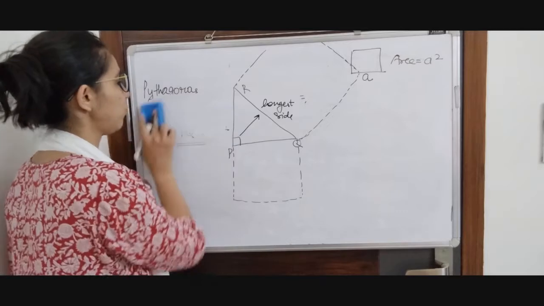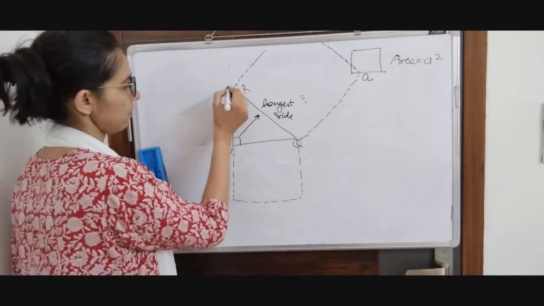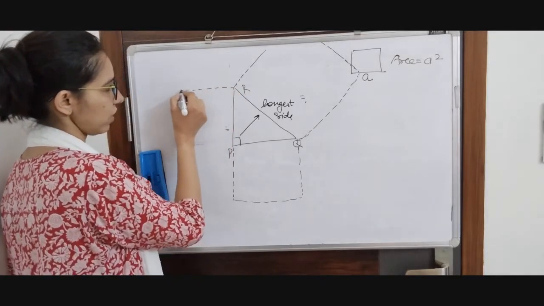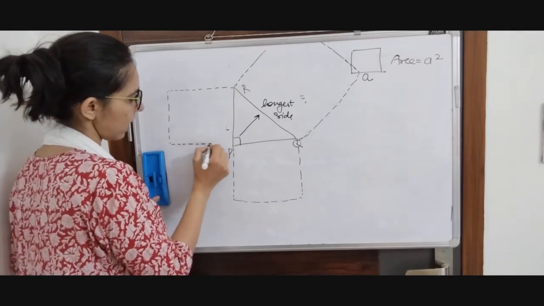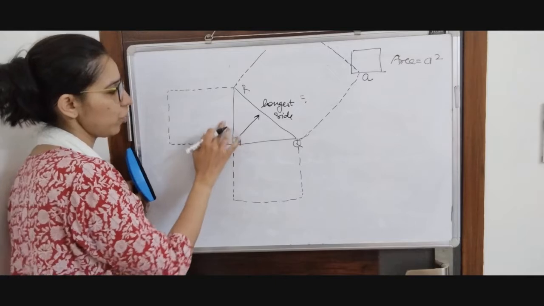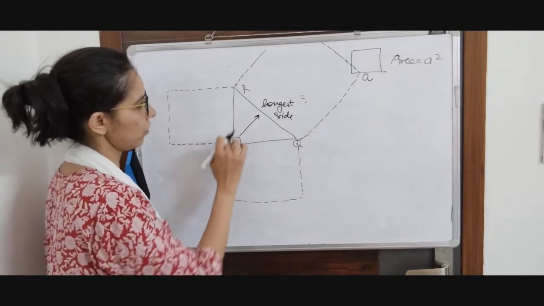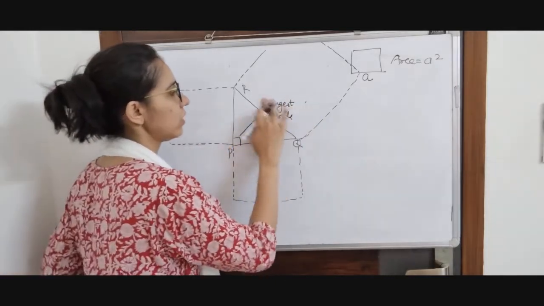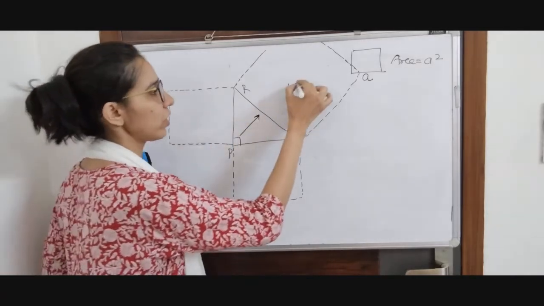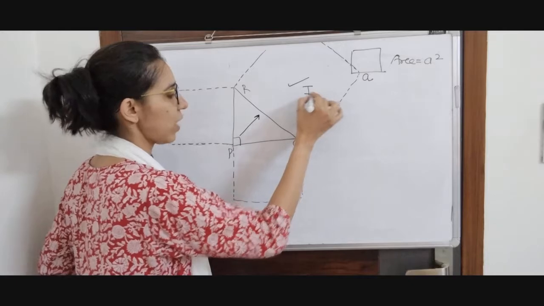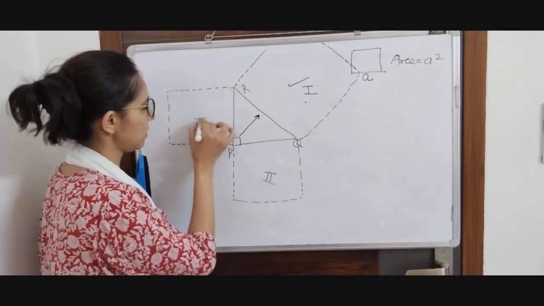Similarly, draw a square with PR as one of its sides. Suppose this is PQ, this is PR, and this is your hypotenuse RQ. Suppose this square is 1, this is 2 and this is 3.